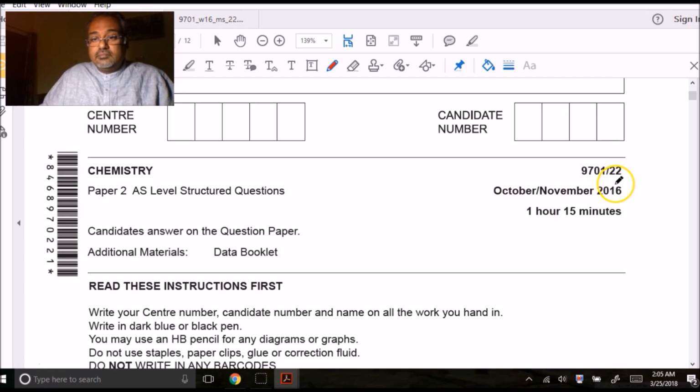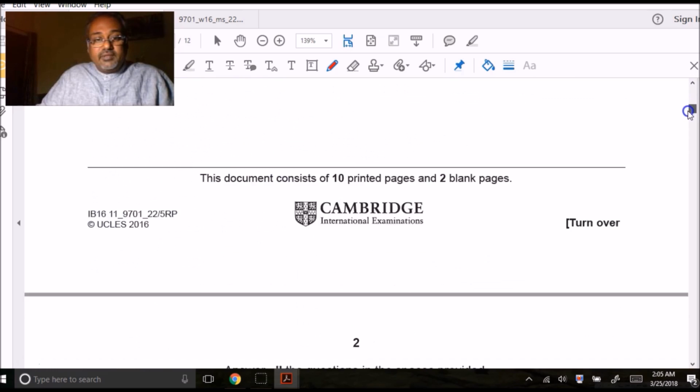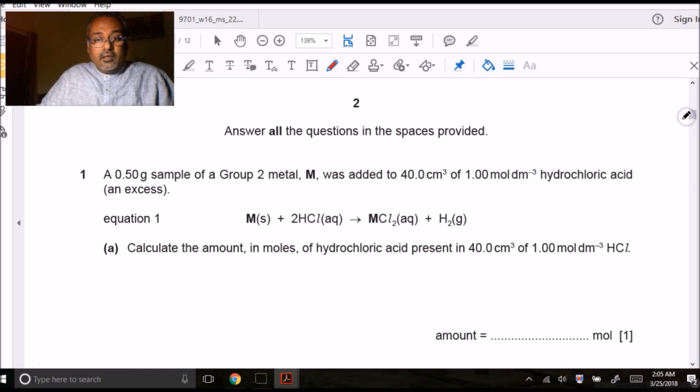This is 2016 paper 22. So let's have a look at the first question. The question talks about some mass given there, and some group 2 metal. There is hydrochloric acid information: we have the volume and the concentration of the acid.